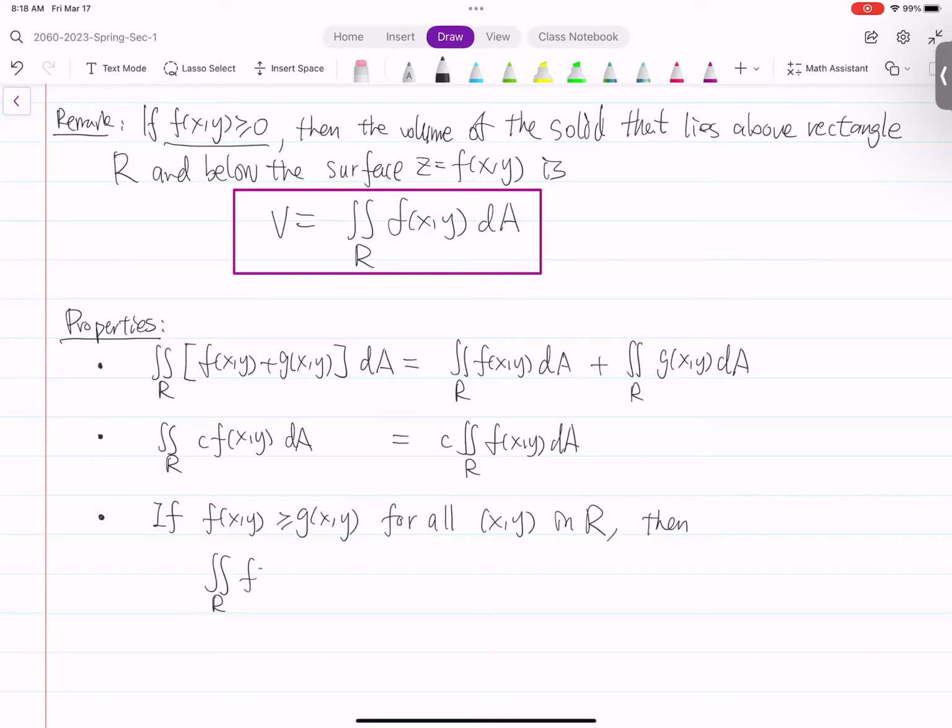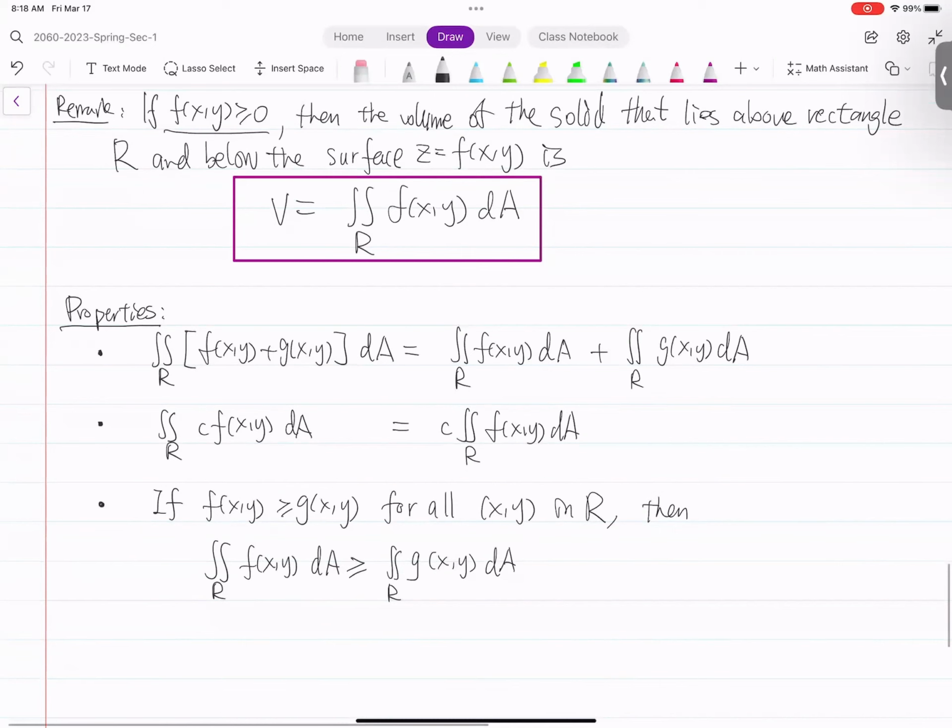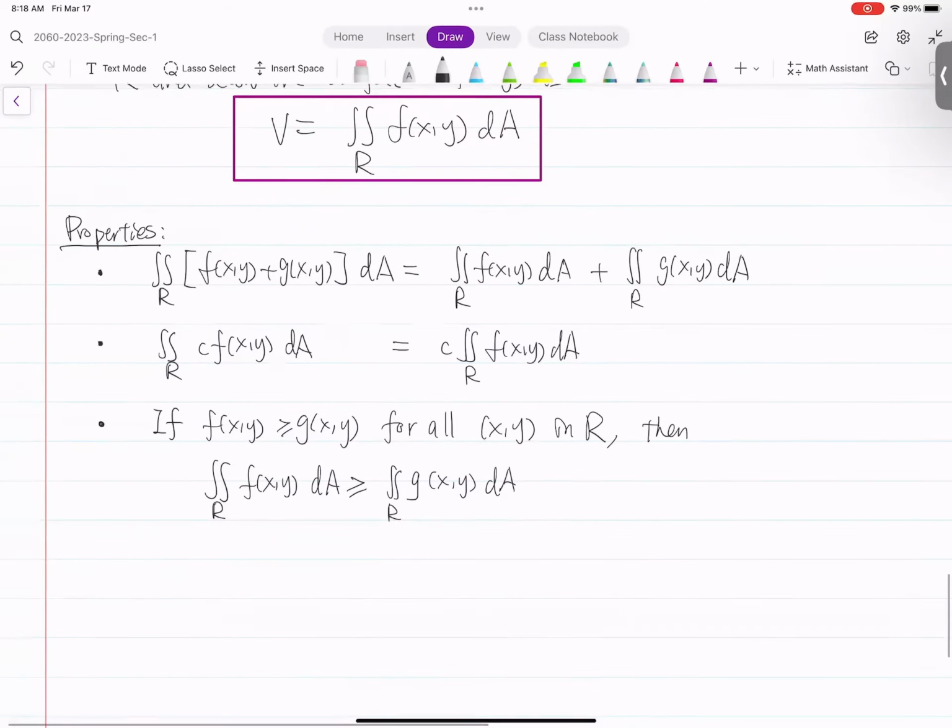So these are really standard, right? The parallel versions are already seen in Calc 1. And these can all be straightforwardly derived just by the definition of the integral.